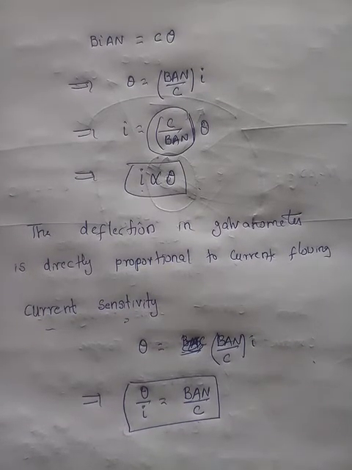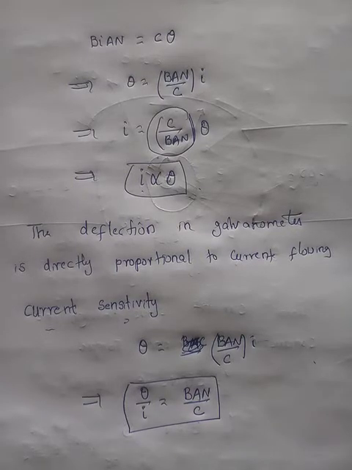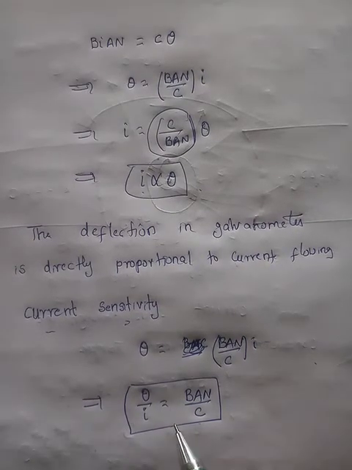So how can we define current sensitivity? Theta is the deflection in the galvanometer when unit current flows through it.